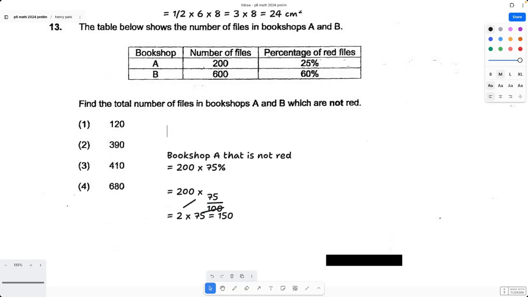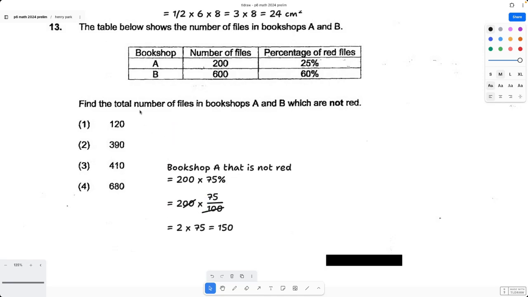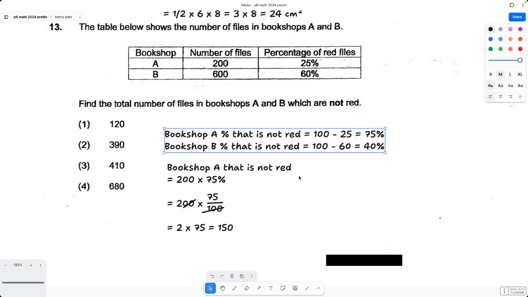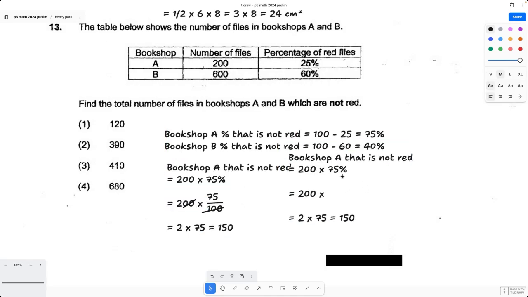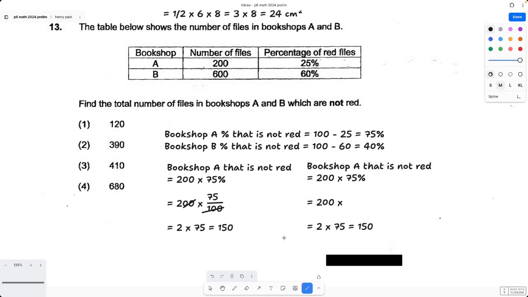Okay, then let's move to the bookshop B. Right. Okay, so bookshop B that is not read is basically just gonna copy this whole thing again, paste it here. Okay, I'm gonna put a line as well. So bookshop B that is not read is 40% of 600. So 600 times 40%.